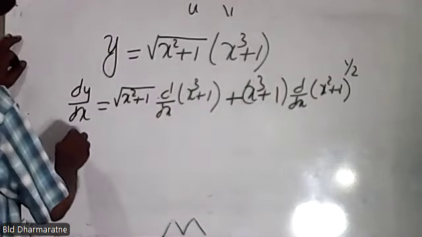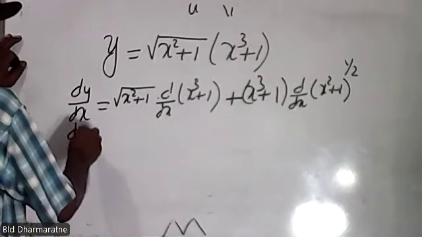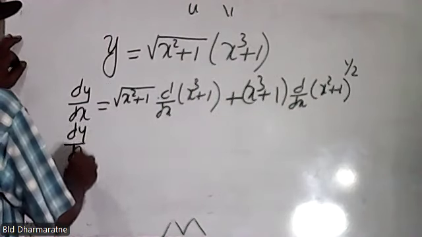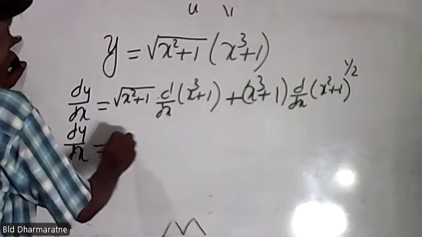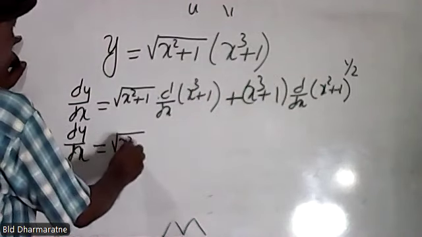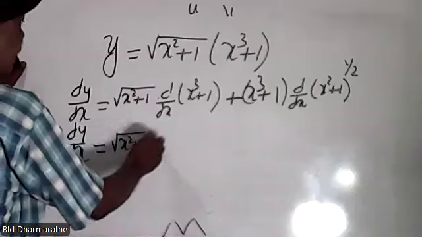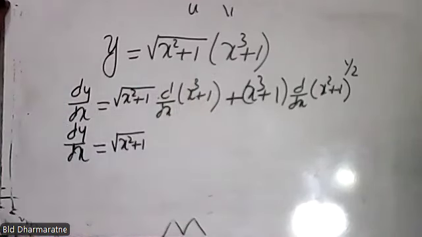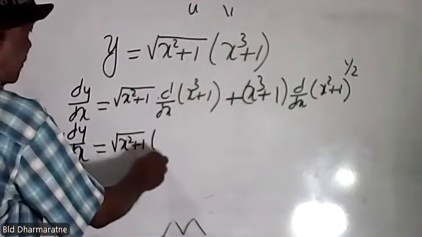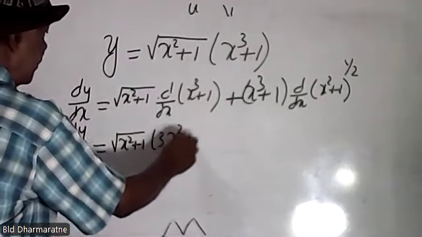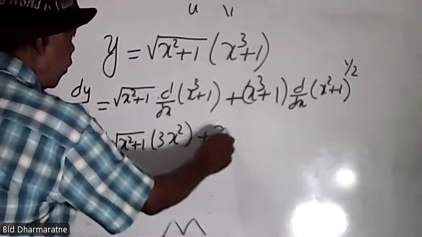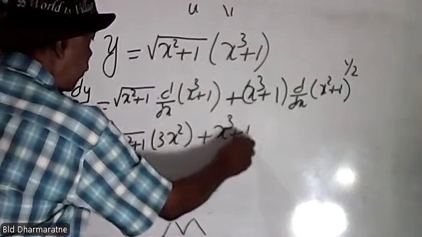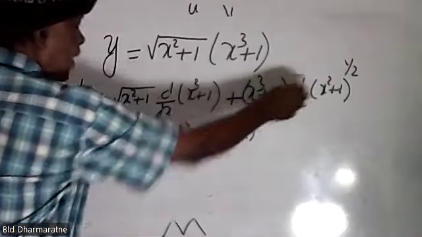Now here we can write again dy by dx equals square root of x squared plus 1. How to differentiate this one? x cubed differentiates to 3x squared. Plus here x cubed plus 1 into this function of the function.